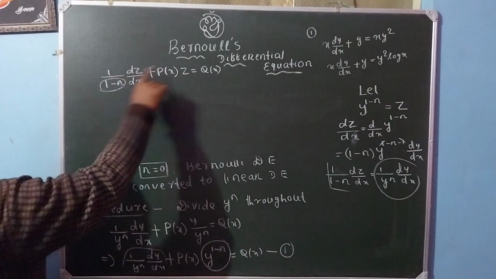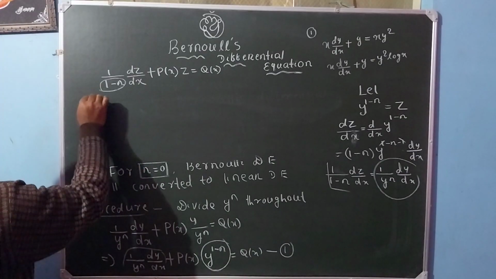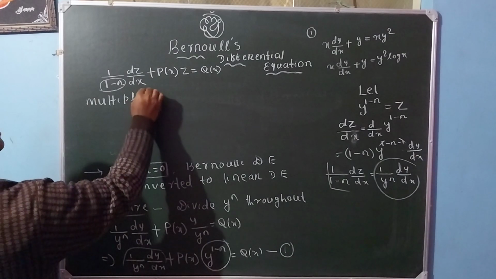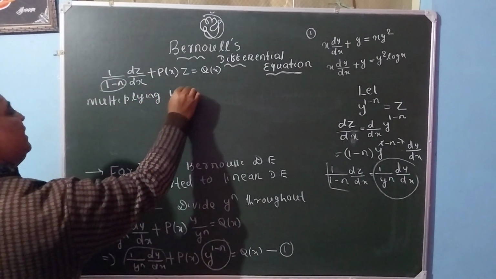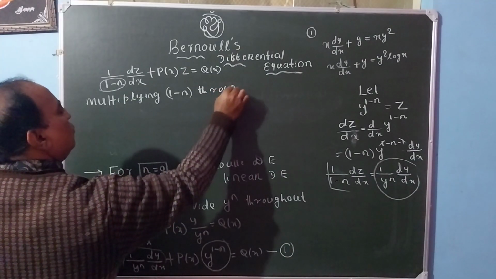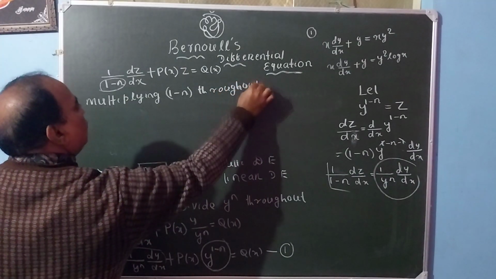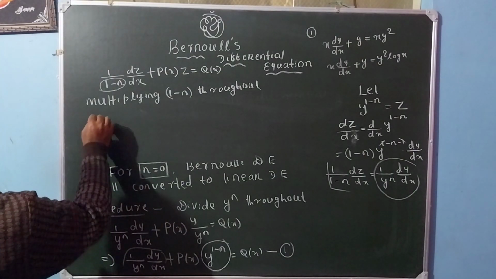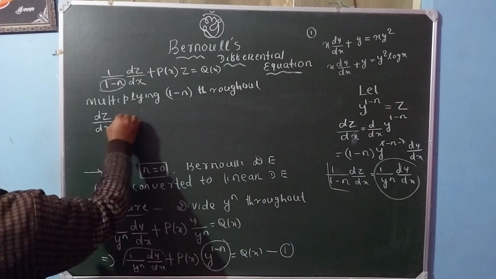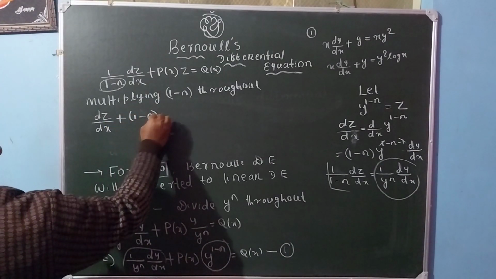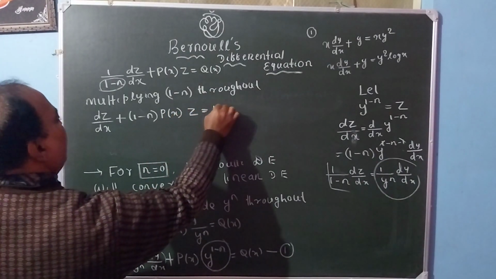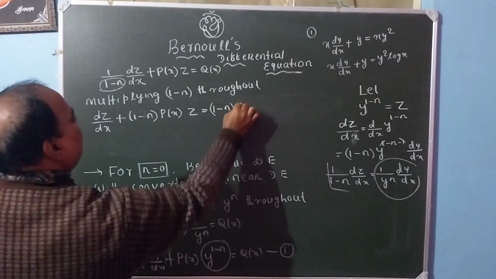So now multiply by 1 minus n throughout. We get dz/dx plus (1 minus n) into p(x) into z is equal to (1 minus n) into q(x).